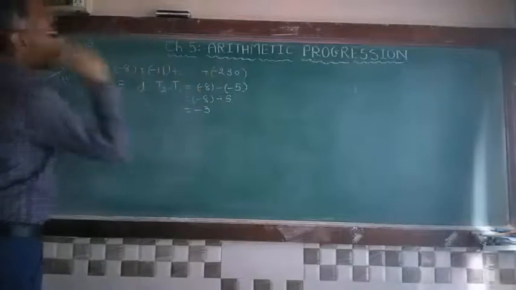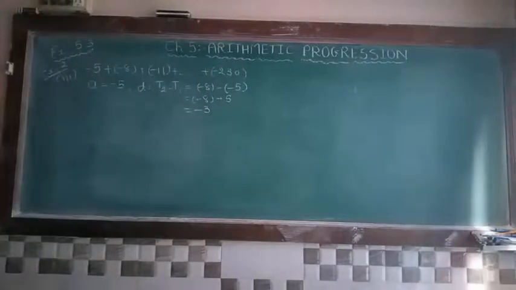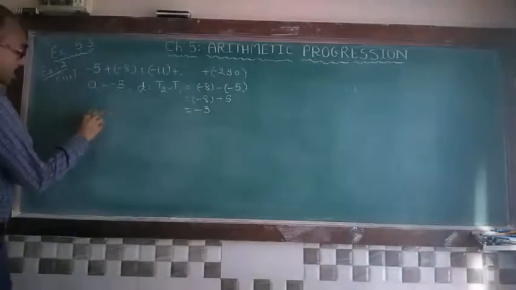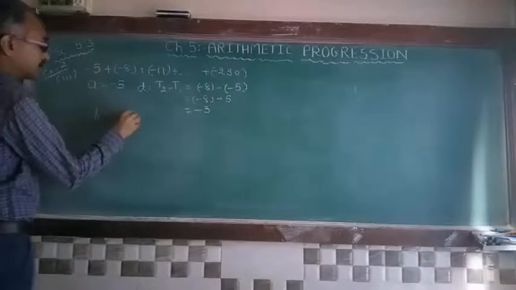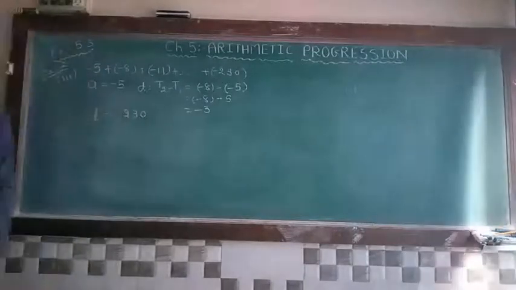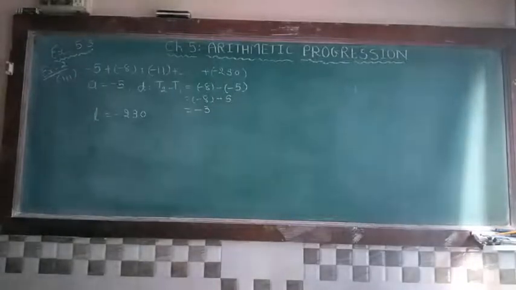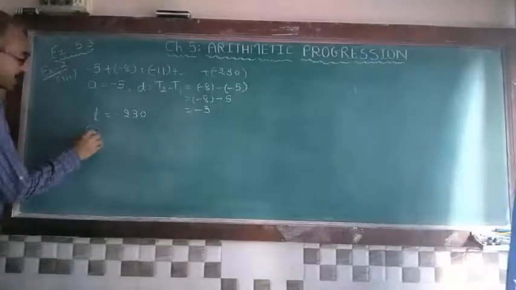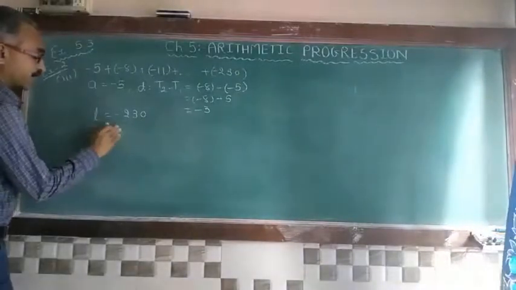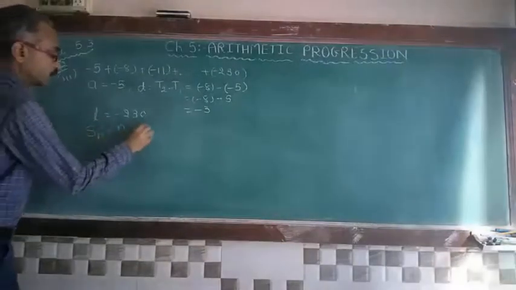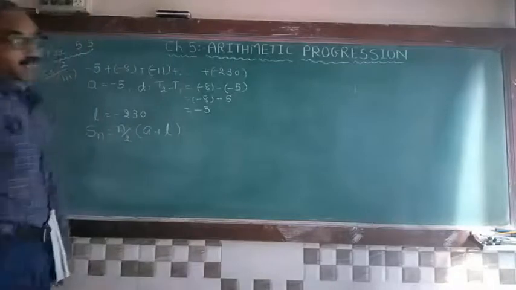Okay. Now the last term is given to you. L is equal to -230. That is given to you. Now we know that if the last term is given to you, then your formula is Sn is equal to n by 2 into a plus l.